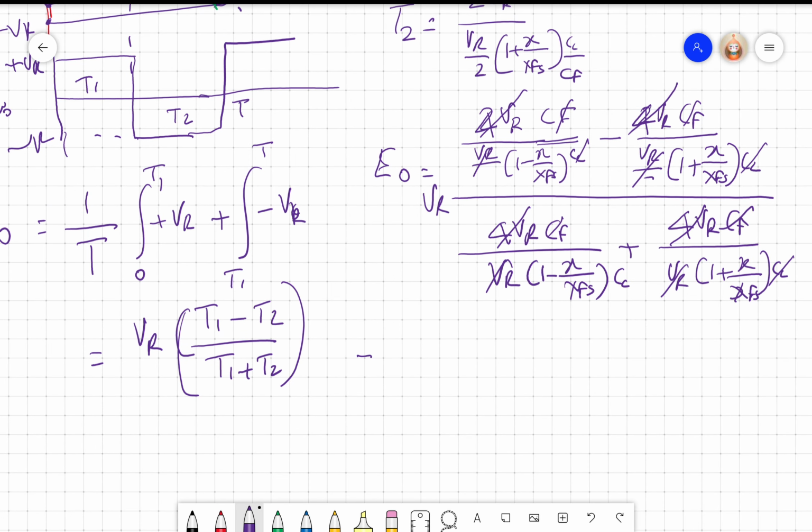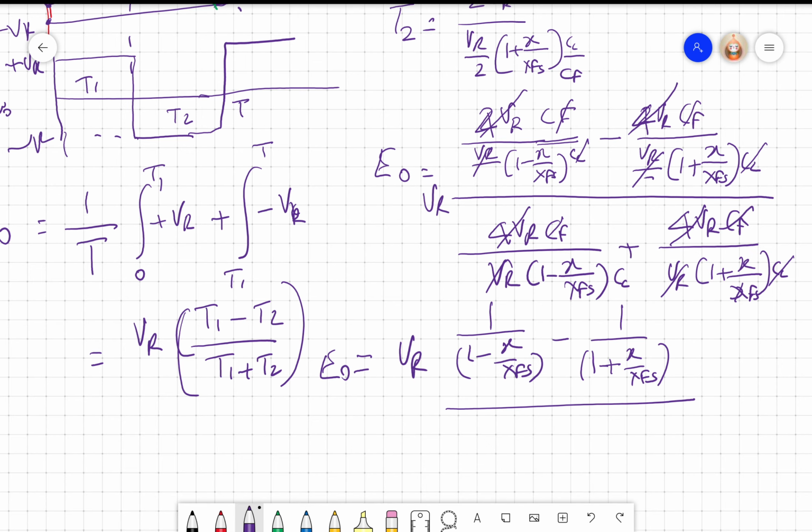So I can write this as E0 is equal to VR into 1 by 1 minus x by x full scale minus 1 by 1 plus x by x full scale, divided by 1 by 1 minus x by x full scale plus 1 by 1 plus x by x full scale.